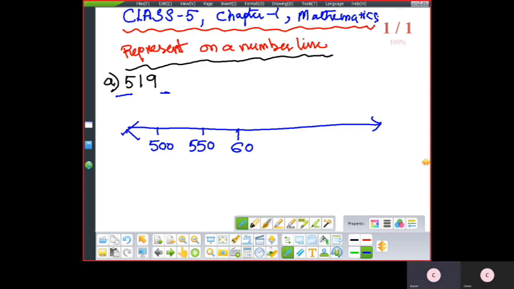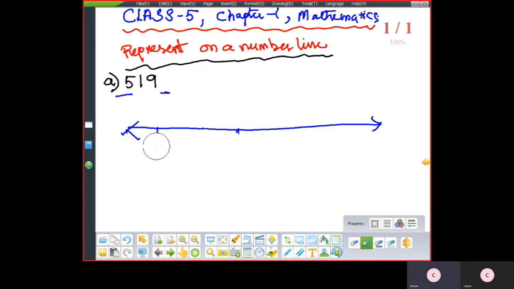Let me keep the distance a bit more so that it will be easy for us to represent it clearly. So I'm starting from 500, 550, 600. So maybe this one will be enough.